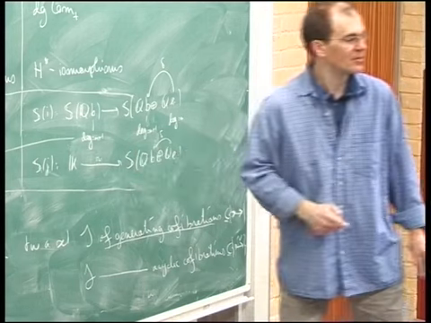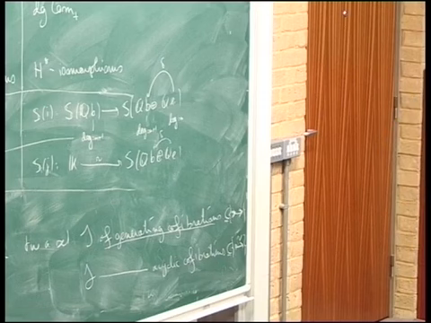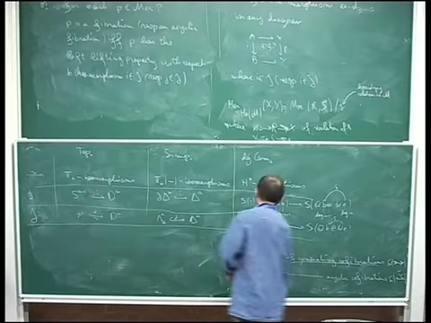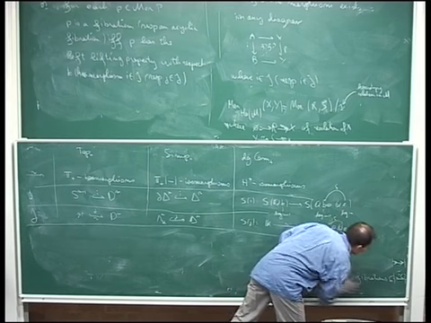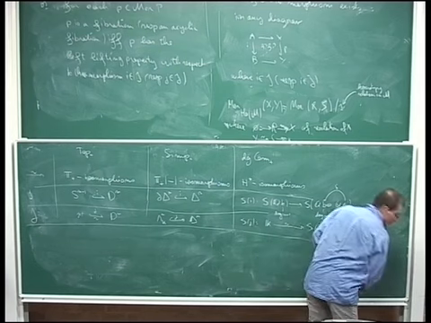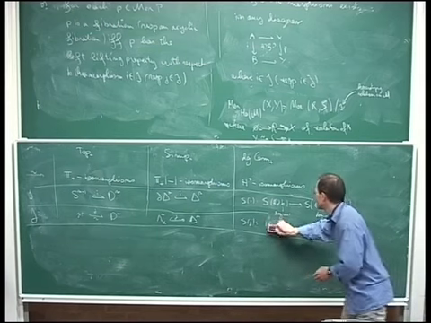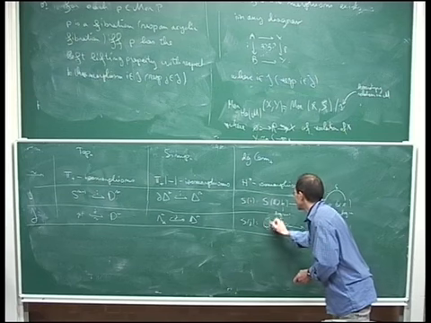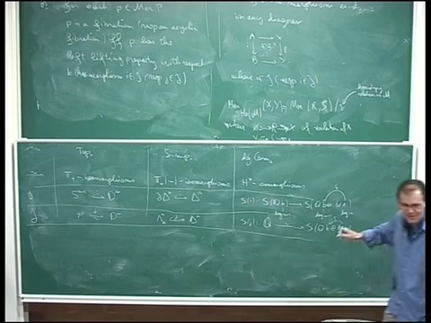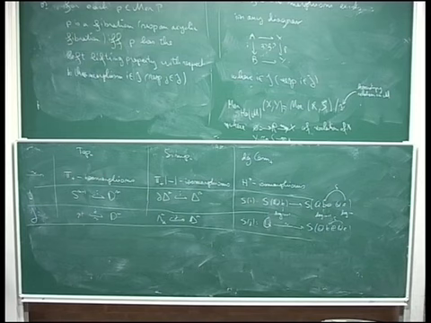Okay. K equals Q. Okay, so this works for every characteristic 0 field.